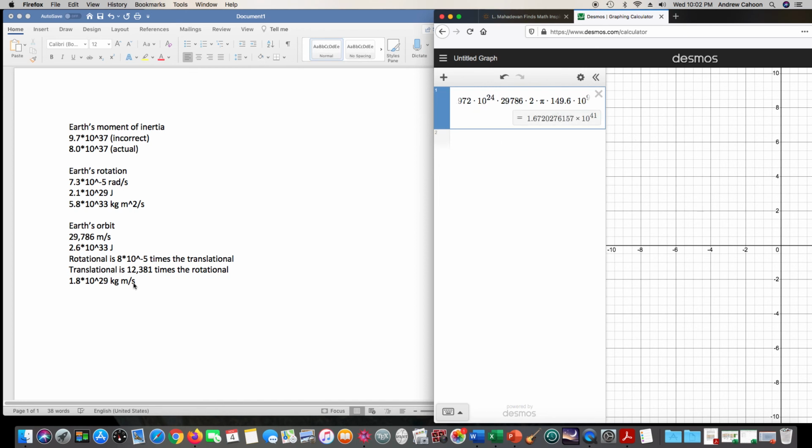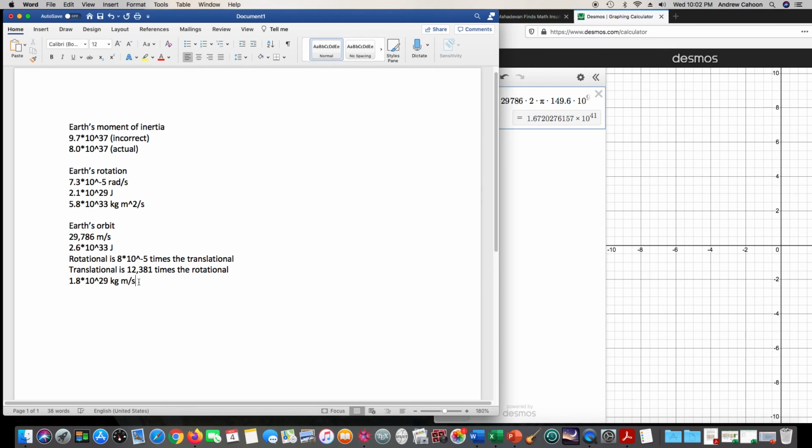Okay, so for the angular momentum of the Earth in its orbit, we get 1.7 times 10 to the 41 kilograms meters squared per second.